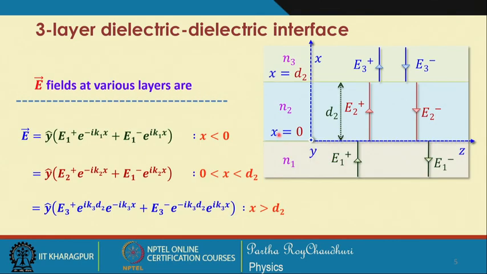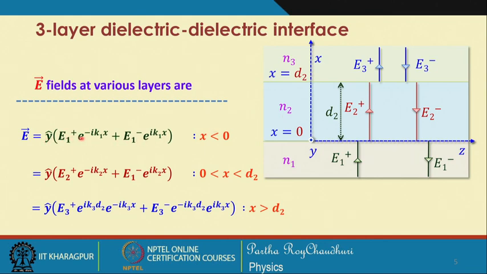Then we can write down the electric fields, and also the magnetic fields, as we will see later, in the different layers. For example, we have placed the coordinate system in this way: this is x, along which there is a variation in the refractive index, and this is y, which is along the direction of the interface plane.